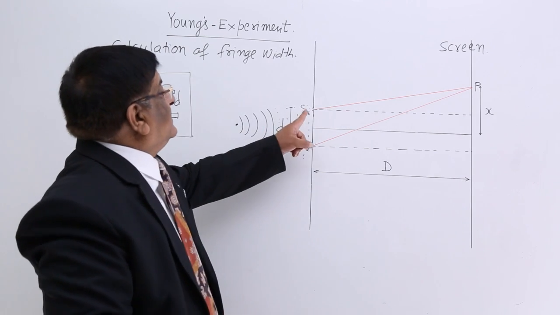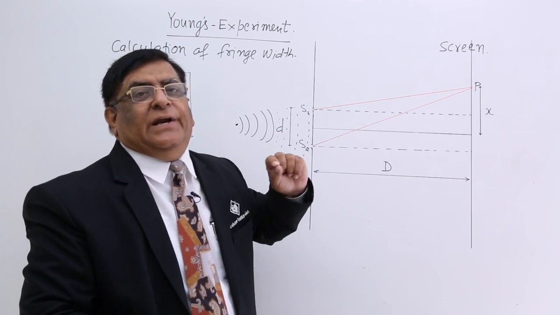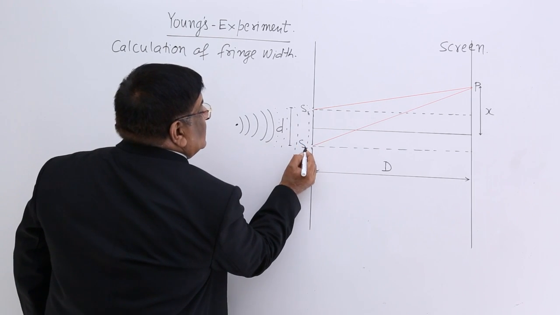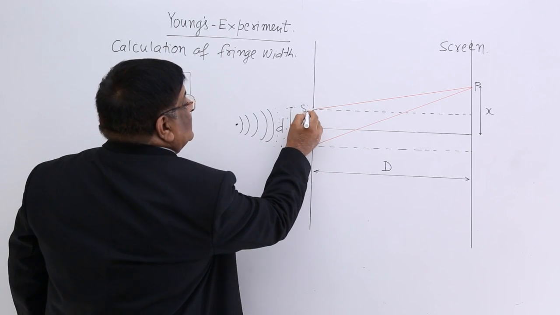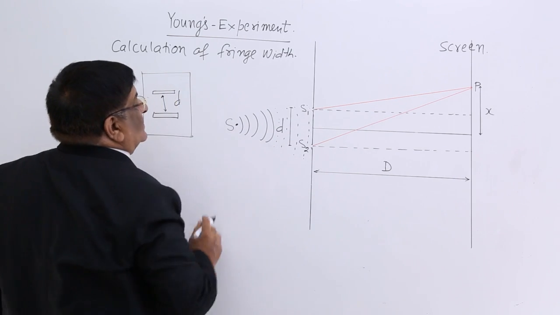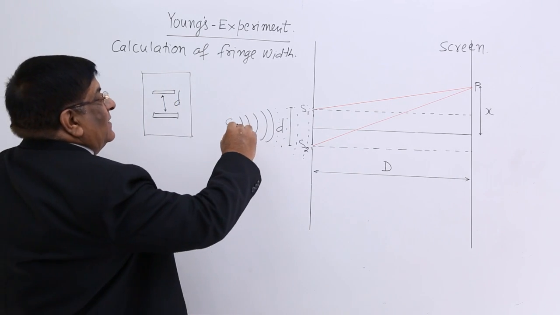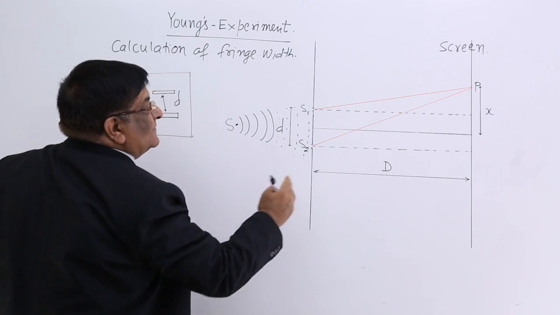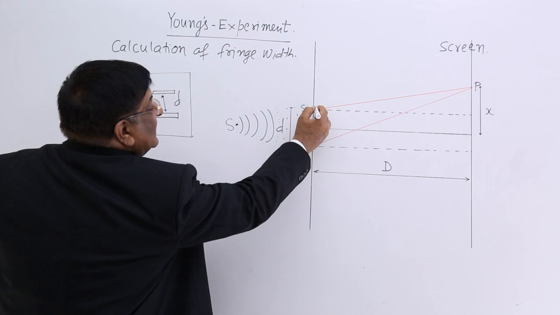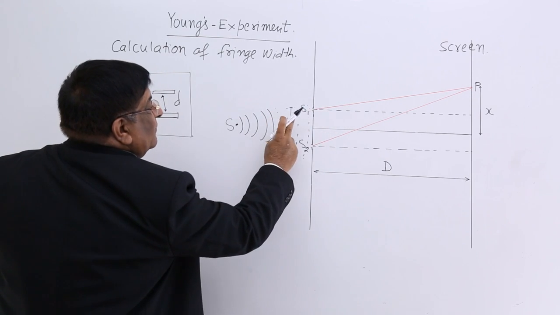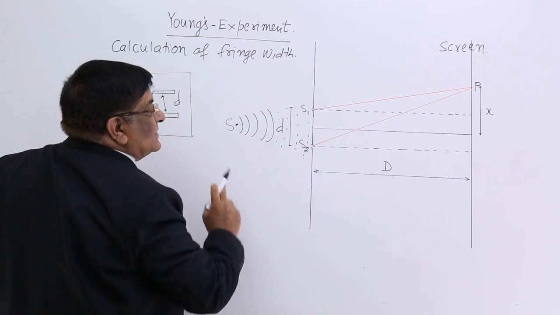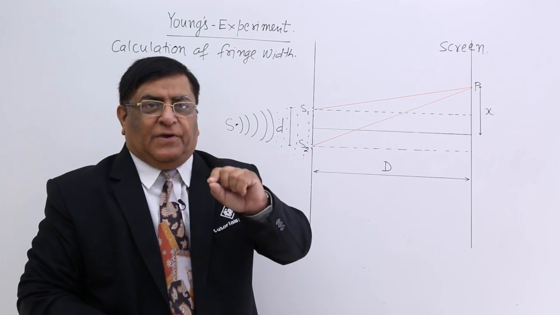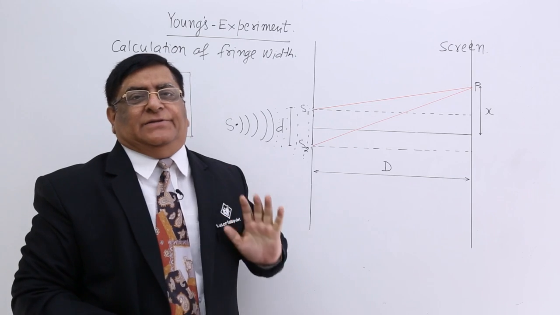Now, we want these to become coherent sources of light, and for that we use the split method. Here we start a source of light, then the wave fronts move towards the cardboard, and at this point one wave front becomes an independent source, and at this point another point of the wave front becomes an independent source.